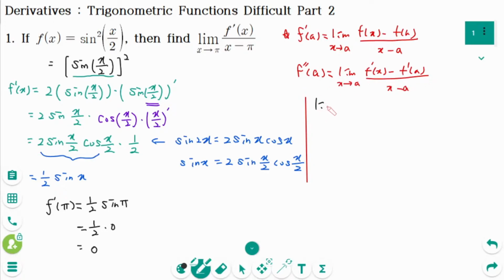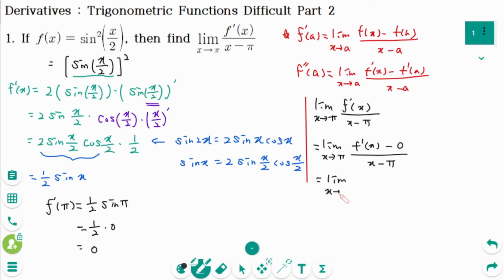The question, the limit as x approaches pi of f prime of x over x minus pi, we can rewrite as the limit as x approaches pi of f prime of x minus 0 over x minus pi, equals the limit as x approaches pi of f prime of x minus f prime of pi over x minus pi.